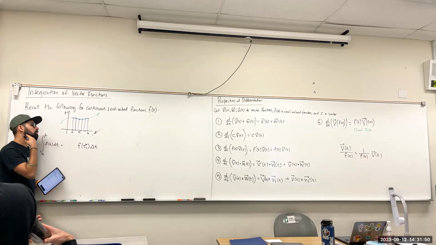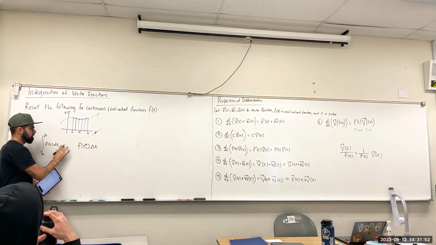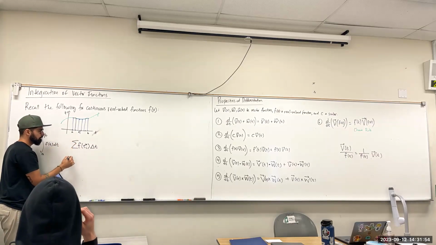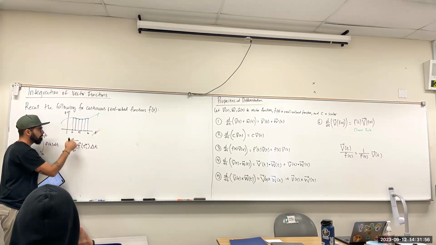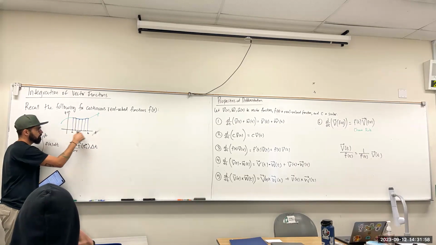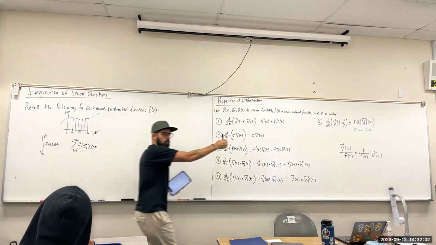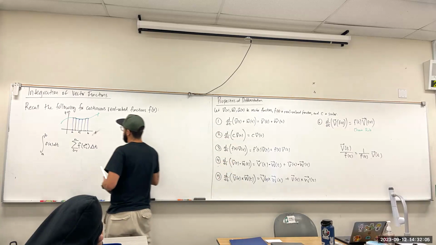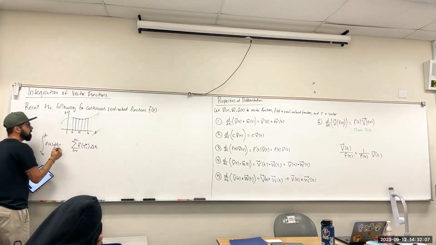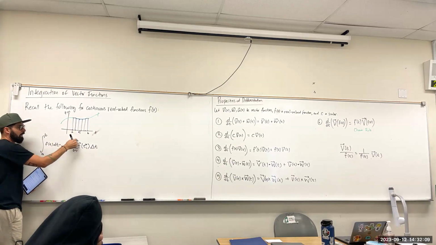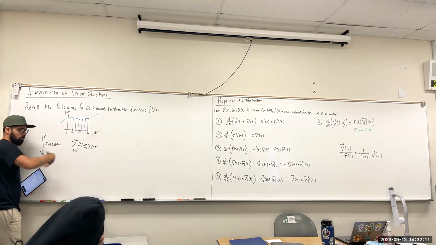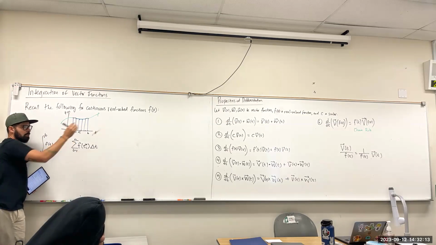And then what did you do with all those areas? You took a big old sum of them, where you said, okay, I will be from 1 to n intervals. You split it up into n little subintervals. And then you did that, but you let n go to infinity, so that you had an infinite number of subintervals.